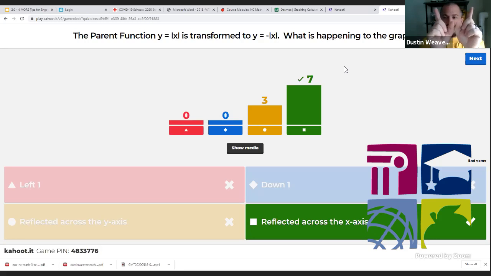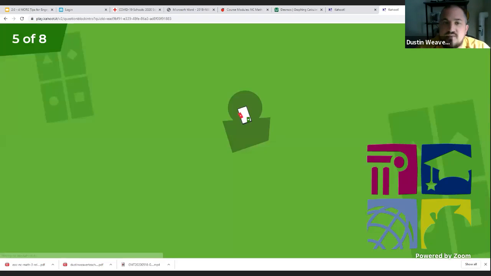So think about the absolute value as a V. You put a negative, it flips straight upside down. That is the x-axis that it's reflecting across. If it was reflecting across the y-axis, that would be it flipping from the right side to the left side. It's actually flipping from going up to going down, right? So it is being reflected across the x-axis.